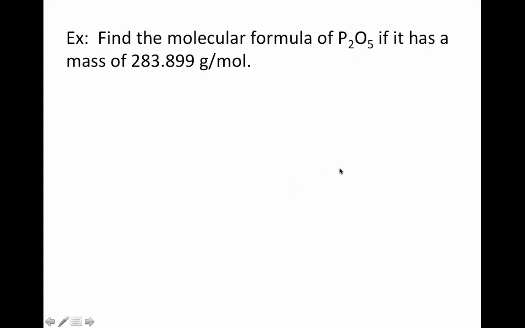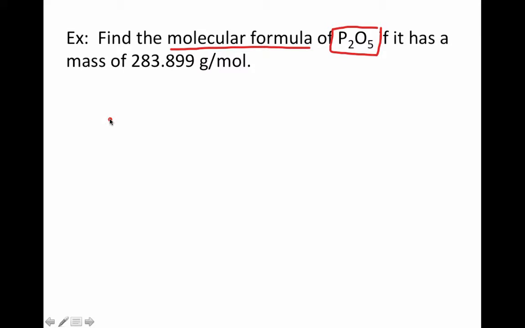Okay, the first one says, find the molecular formula of P2O5 if it has a mass of 283.899 grams per mole. So in this case, you can see in the problem that we are given the empirical formula, P2O5. The problem asks for the molecular formula, and it gives us this molar mass that I said would be provided in every problem.